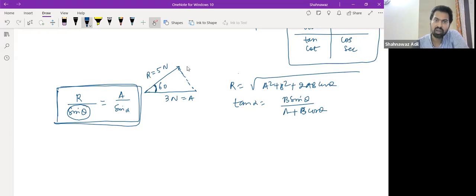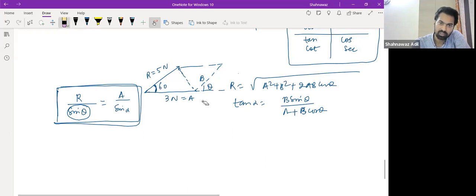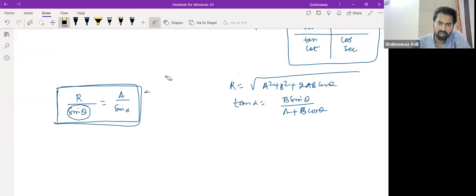So let's say this is theta, and this is B. Let me draw the diagram properly. So we have this A, and we have this resultant.